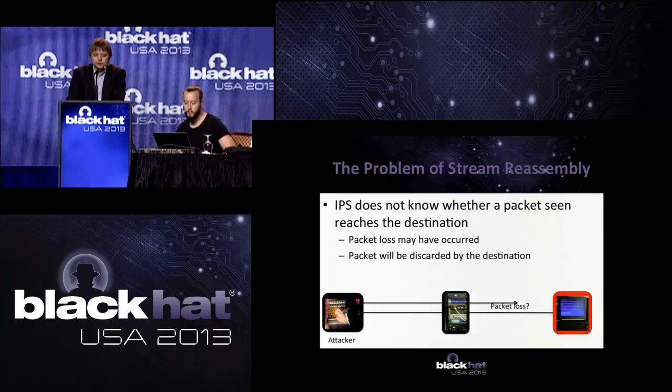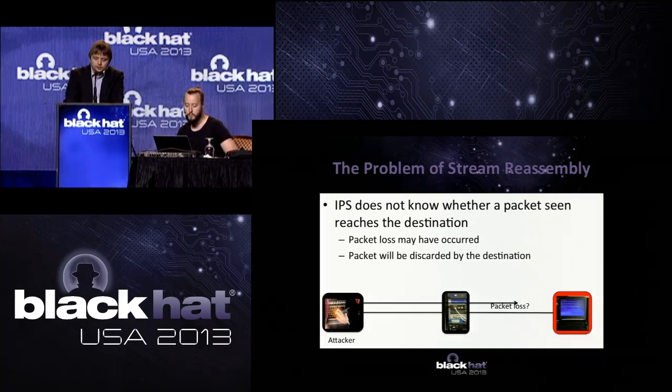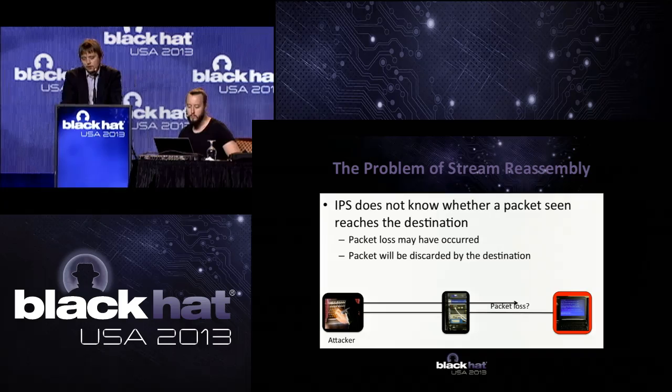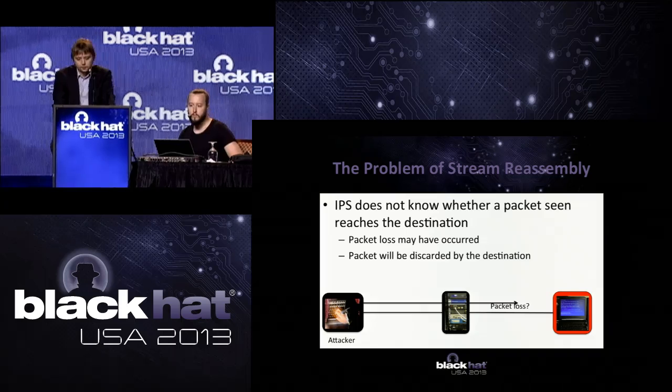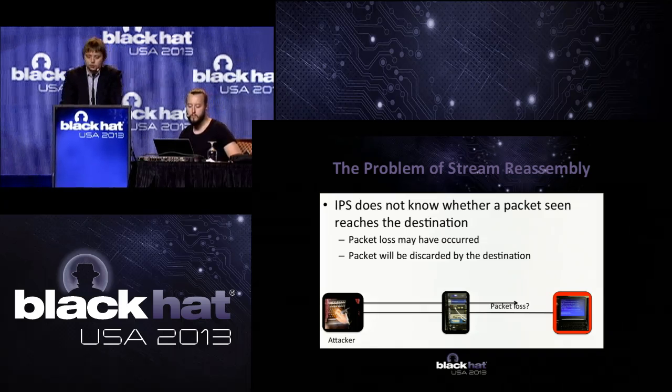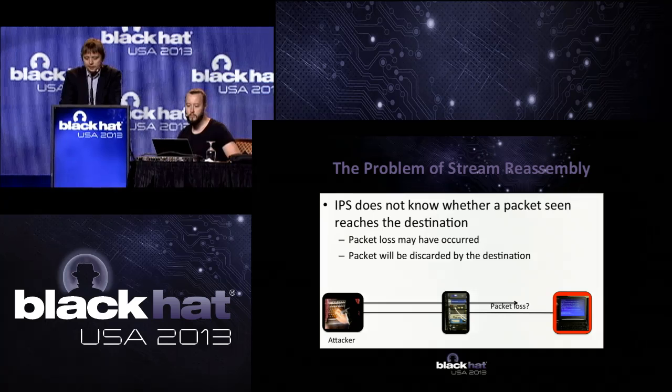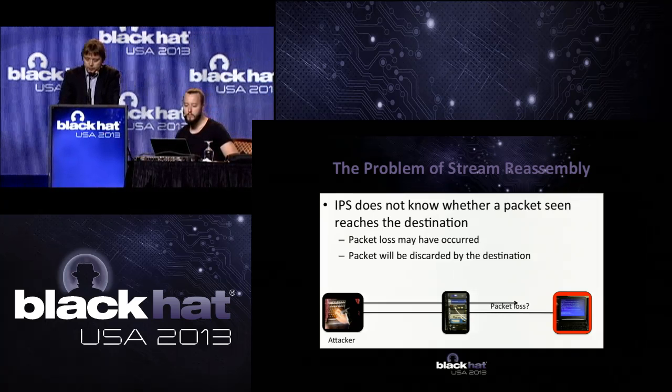Namely, the IPS doesn't know whether a packet that it has seen reaches the destination. After the IPS, before the target host, there could have been packet loss, or the target host may have discarded the packet for whatever reason, and the IPS doesn't know that.